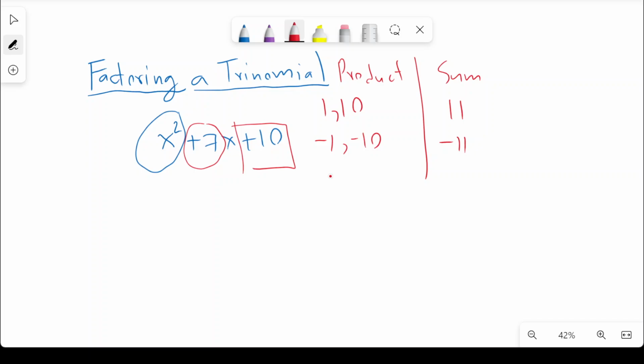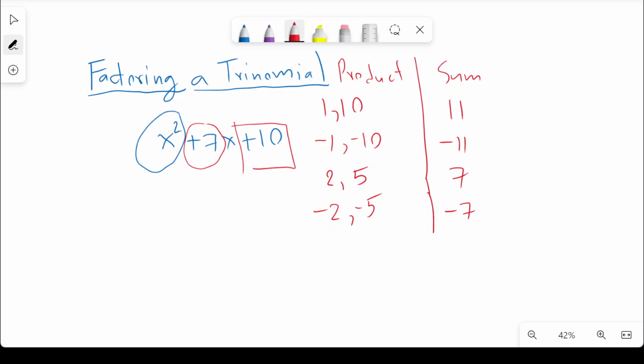We have 2 and 5, and the sum of 2 and 5 is 7. And another pair is -2 and -5, right? -2 times -5 is plus 10, and the sum of the two numbers is -7.